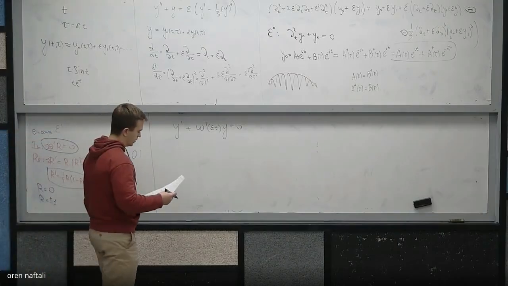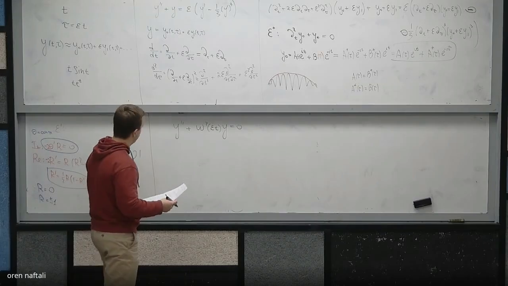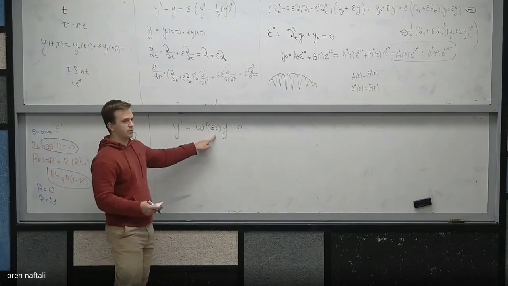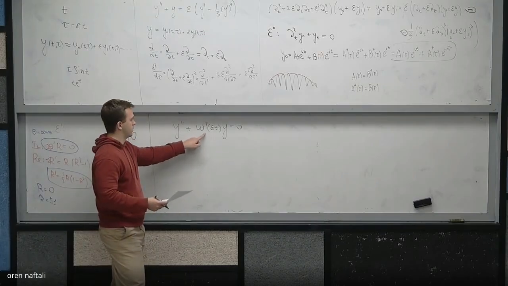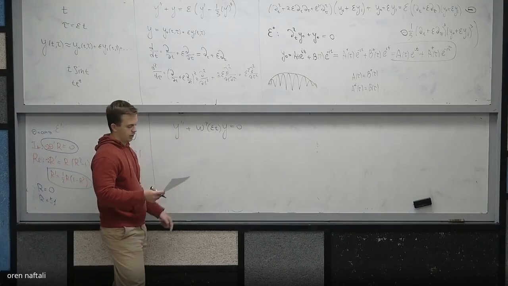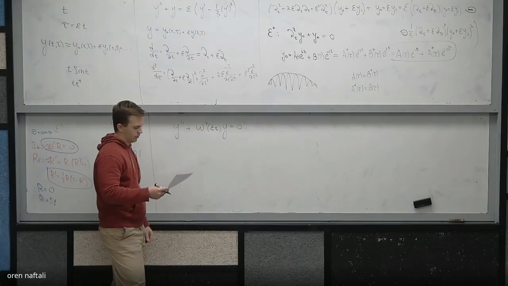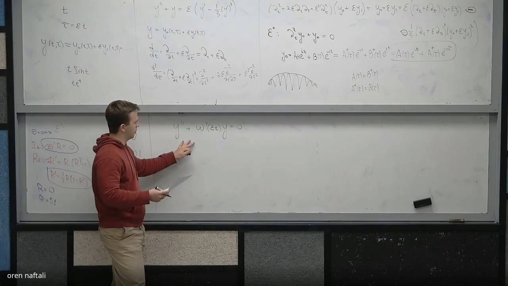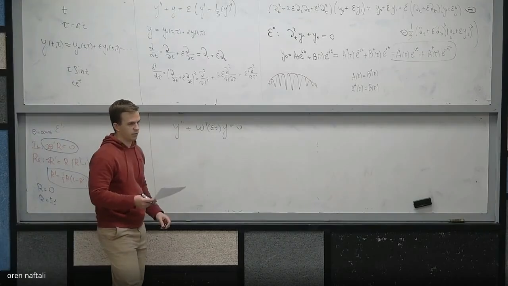So in the next one, we have a linear oscillator with a frequency that slowly varies. Okay, and we need to show that this multiple scale analysis of this equation recovers the WKB approximation.